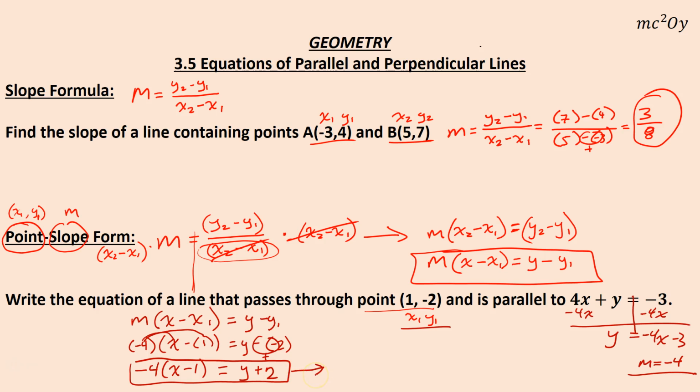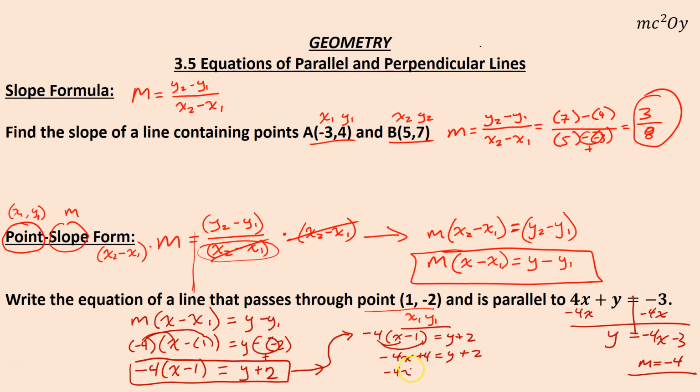Now, a lot of teachers or a lot of textbooks will want you to go to slope-intercept form. So if you did that, you'd have to distribute right here. Let's do that up here. We'll say we have negative 4 times x minus 1 equals y plus 2. And so what I do is I distribute. So I get negative 4x plus 4 is equal to y plus 2. And then I get y by itself by subtracting the 2 over.